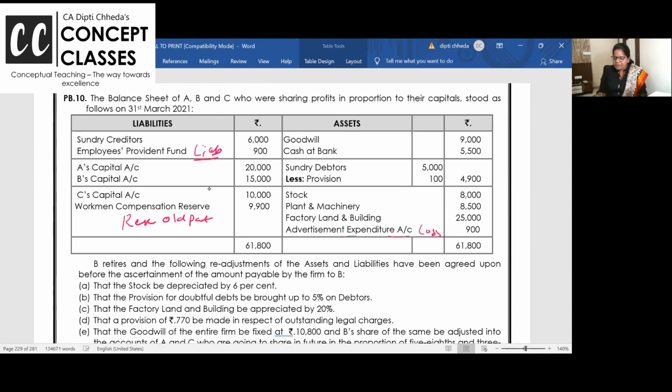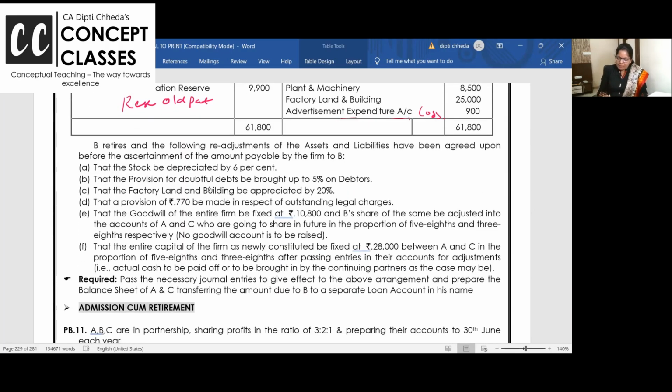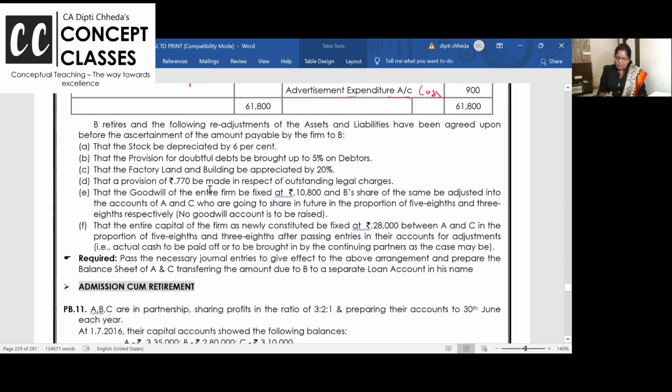Advertisement is a loss, so you can write it off. B retires and stock is to be depreciated, provision, land and building 770 is to be made. Goodwill of the entire firm is fixed at 10,800. So raise in old ratio, write off in new ratio.